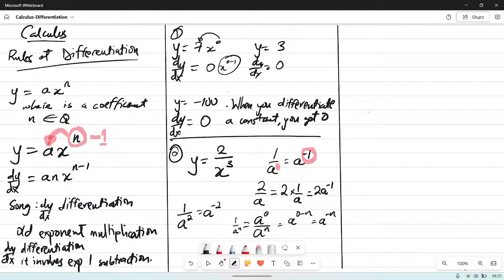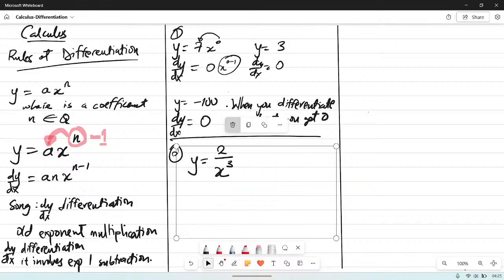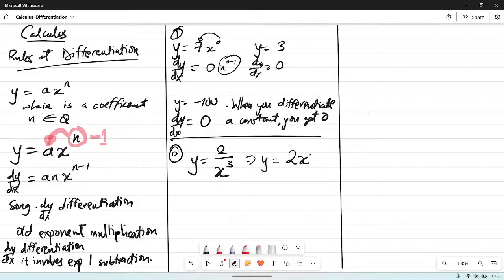So now from this concept, we can say that whenever we are doing a quotient function like this, we can rewrite this as what? Y equals 2x exponent negative 3, because we've changed this from 1 over x exponent 3 to x exponent negative 3.